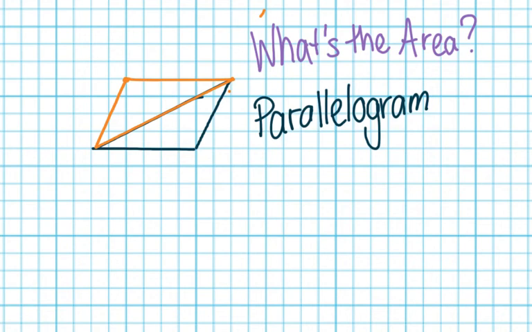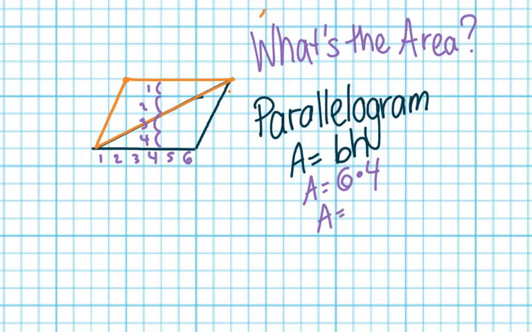And we know how to find the area of a parallelogram. We use the area formula, base times height. So if I find the base, 1, 2, 3, 4, 5, 6, multiply it by the height, 1, 2, 3, 4, I get an area for the parallelogram of 24 square units.